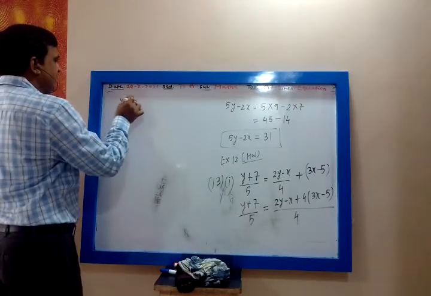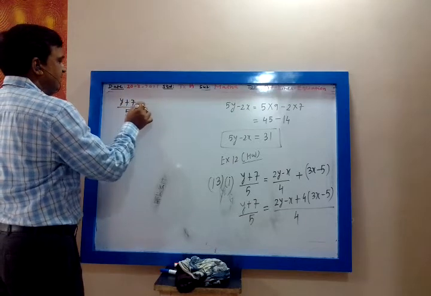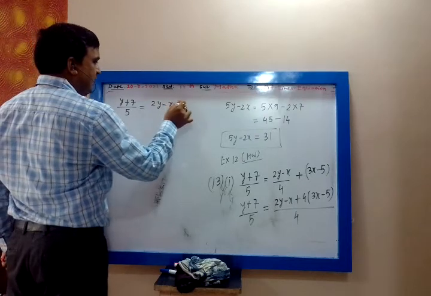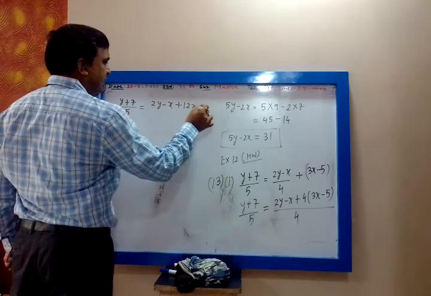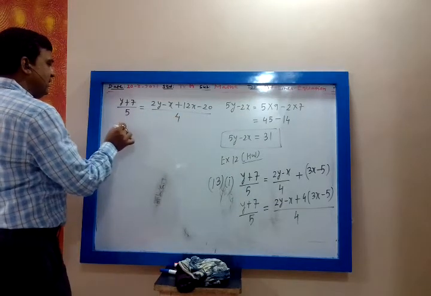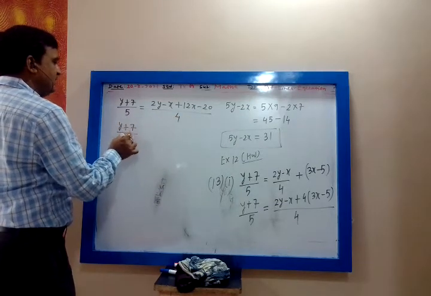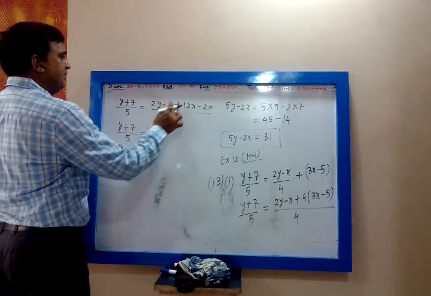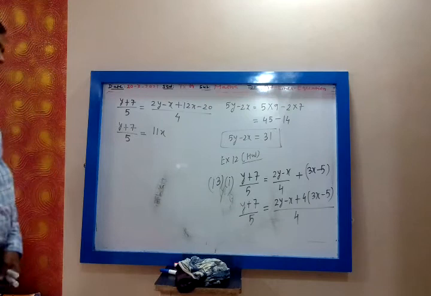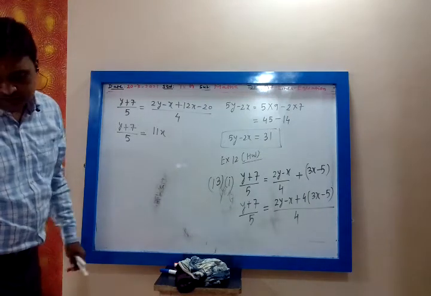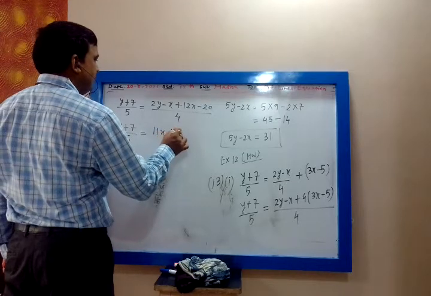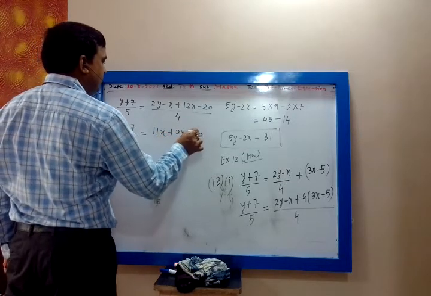So y plus 7 upon 5 is equal to, let us simplify, 2y minus x plus 12x minus 20 upon 4. Okay. So y plus 7 upon 5 is equal to minus x plus 12x, 11x, plus 2y minus 20 upon 4.